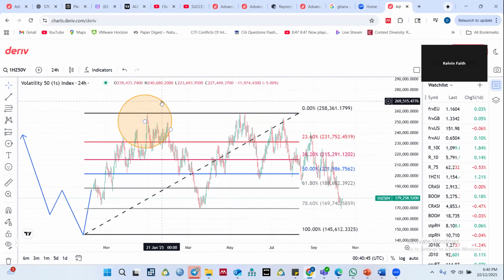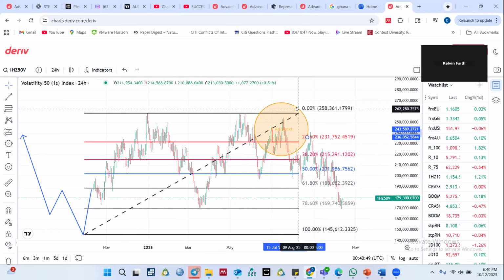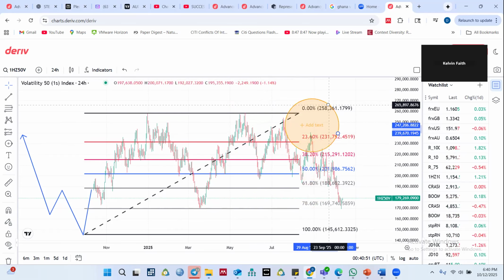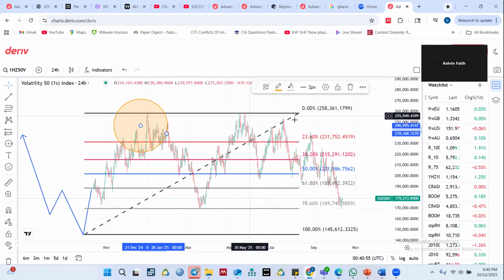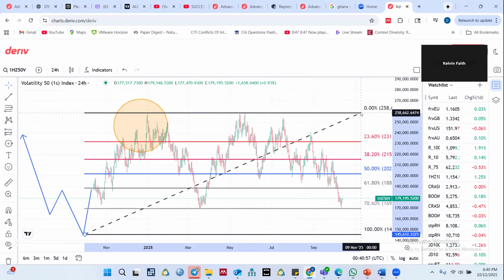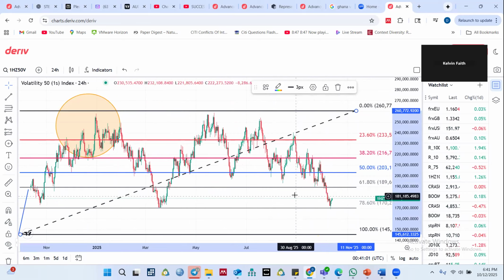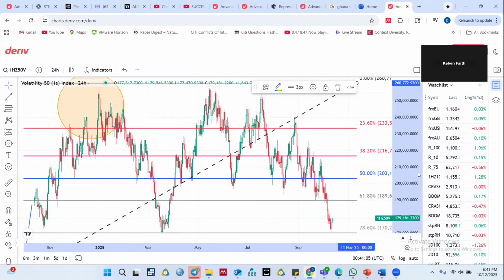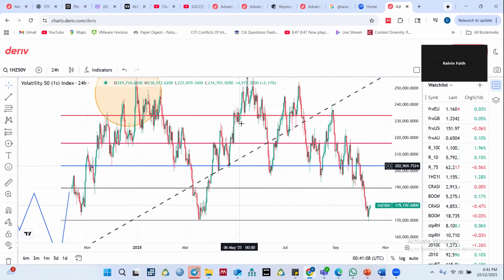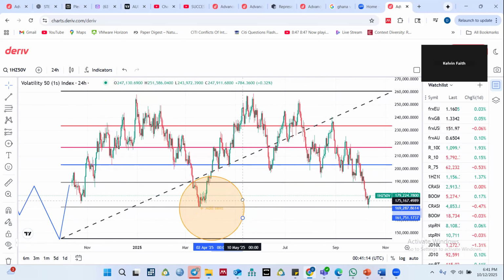went back up here, dropped down, went up again, dropped down, went up again, and then dropped back to 78.6%, which is this place currently. So it looks as if we are testing, we are touching this here.